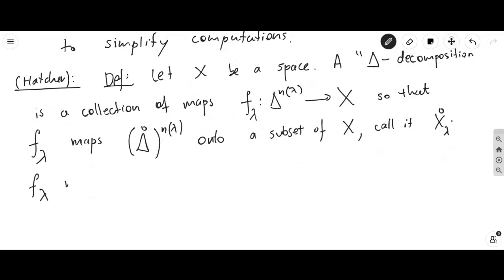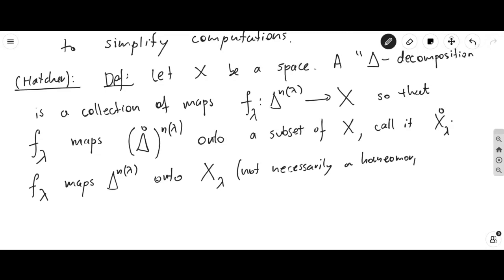So F lambda maps the simplex onto X lambda, not necessarily a homeomorphism, but if you take that subset of that geometric simplex, it will be mapped to a subset of that one, and this mapping is a homeomorphism.